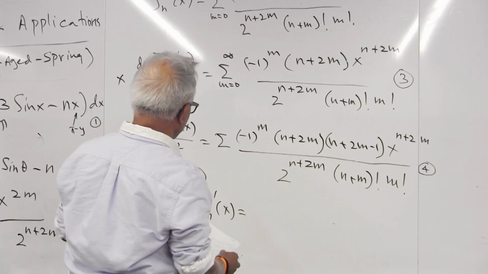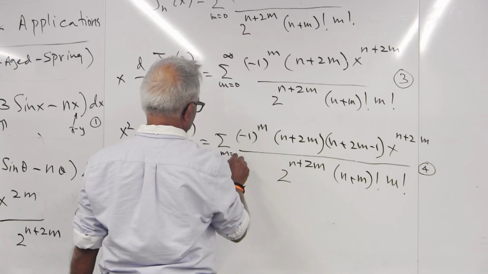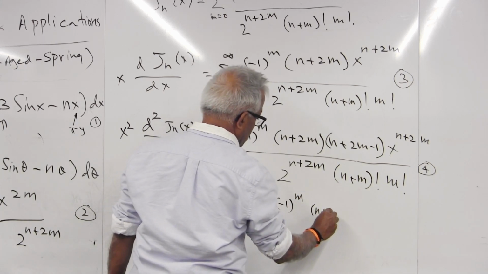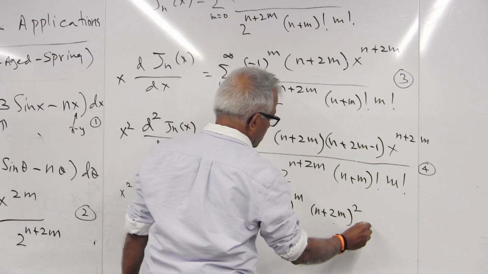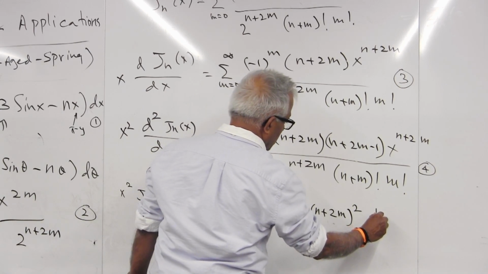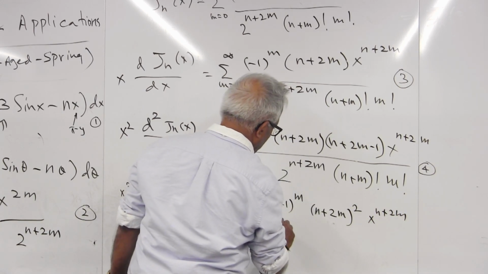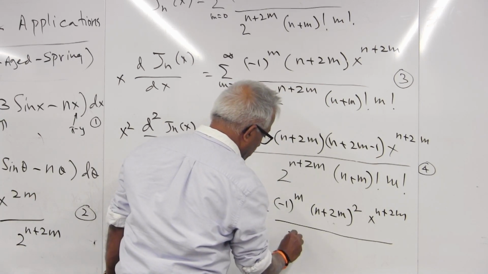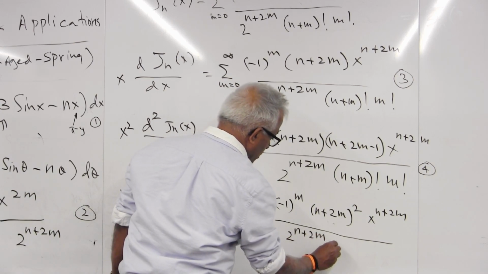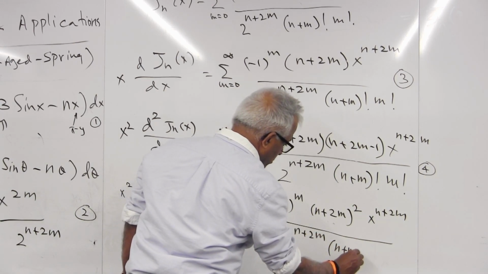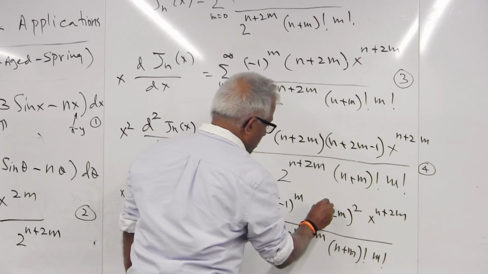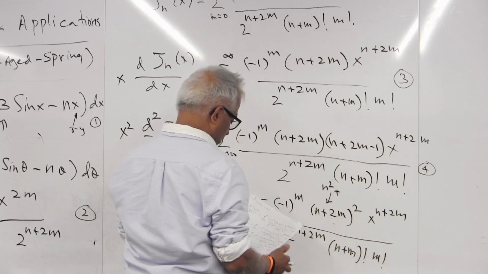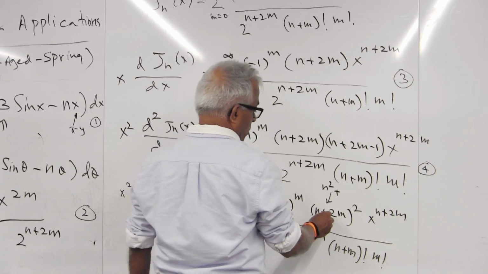So this will become a summation minus 1 to the power m, n plus 2m squared. Rest is the same, x to the power n plus 2m divided by 2 to the power n plus 2m, n plus m factorial, m factorial. Now if you expand this, of course you get n squared plus 4m squared plus 4mn.